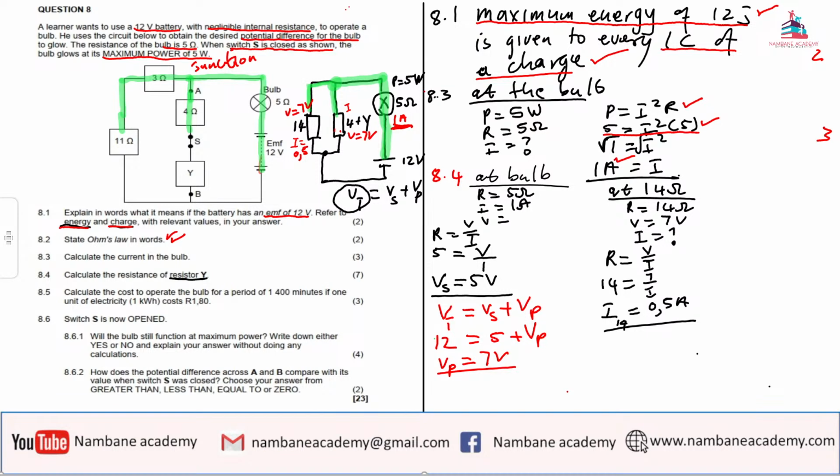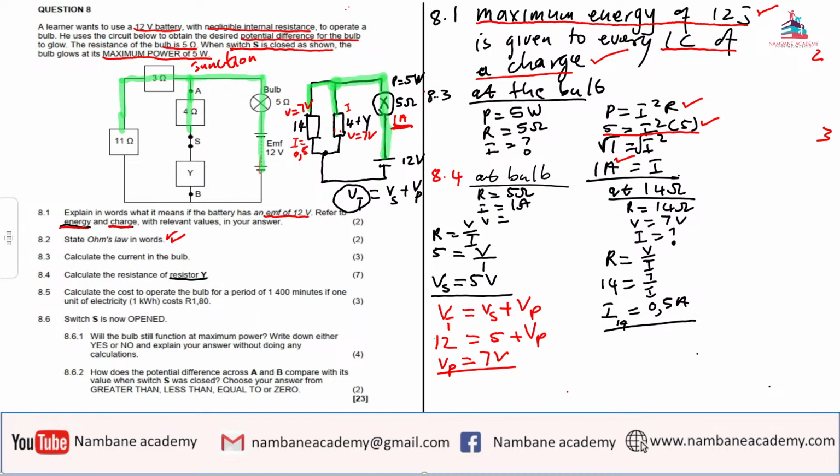Hence, ladies and gentlemen, it's easy now to see that we said the current is going to divide at this particular point. So once it is divided, I have used this principle to get the current passing at 14, and I have the current passing at 4 plus Y, which is 0.5.